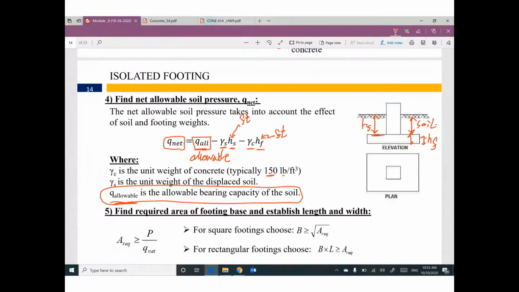Once you figured out the Q net, I can figure out the area of footing. The required area of footing, which is length times width. This area will be P, the factored total load from the first step, do you remember?